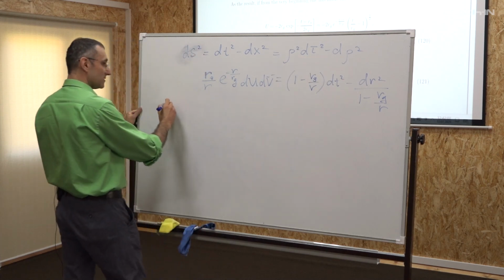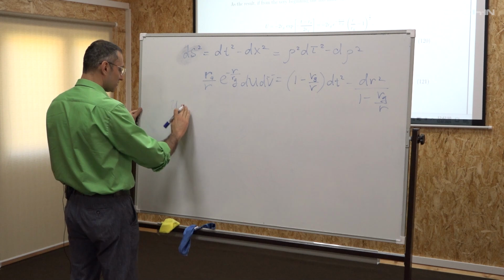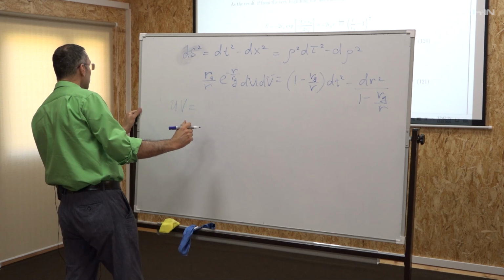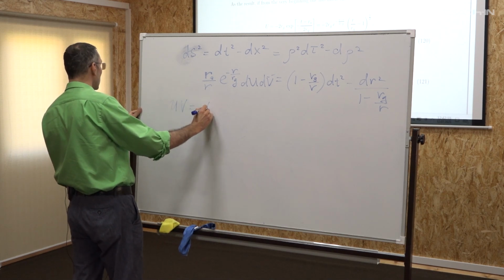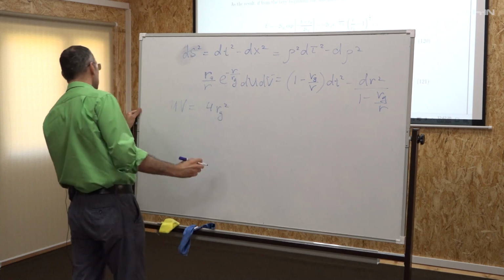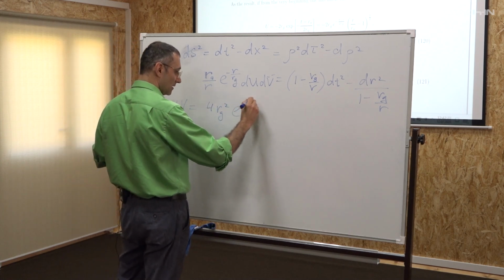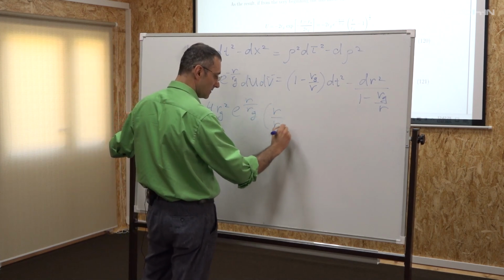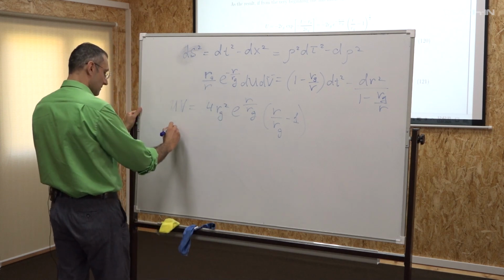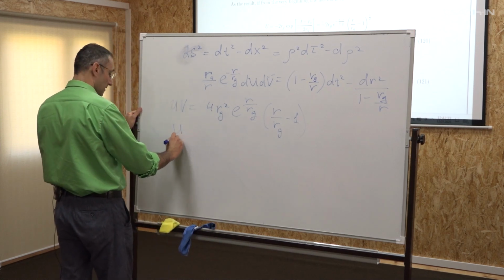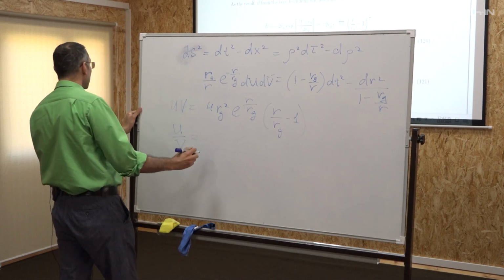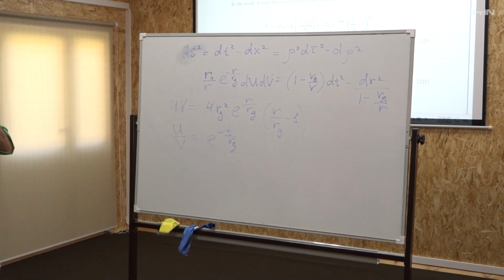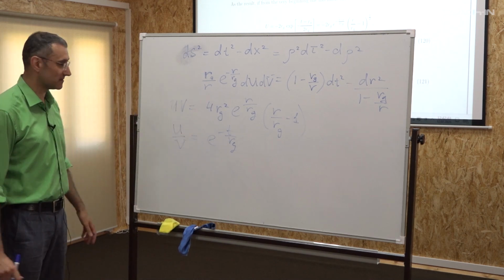I remind you that u times v is 4rg squared, r divided by rg, and u divided by v is exponent of minus t divided by rg. This is the coordinate change I made.